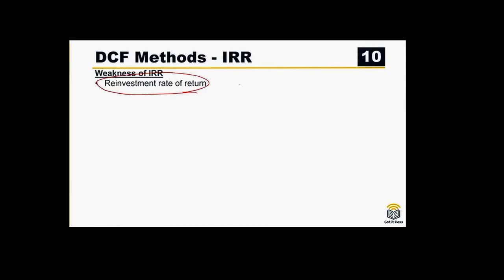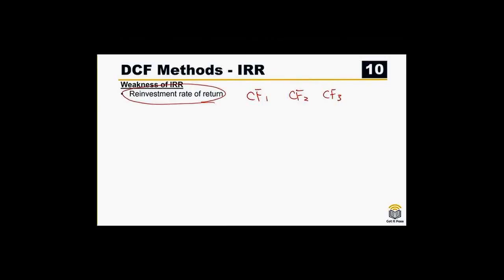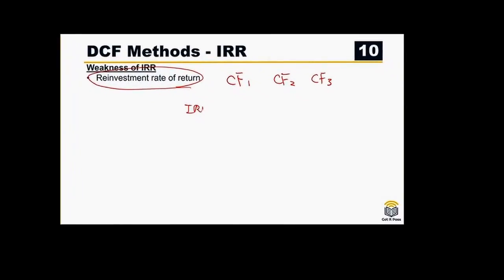For example, you have cash flow 1, cash flow 2, cash flow 3. If the IRR is 15%, it means all cash flows generated from cash flow 1 to cash flow 3 have a reinvestment rate of 15%.